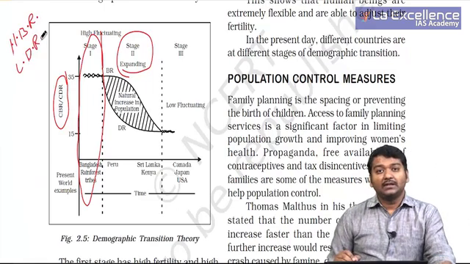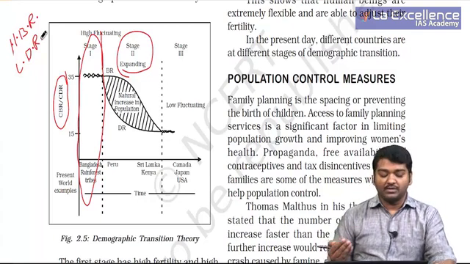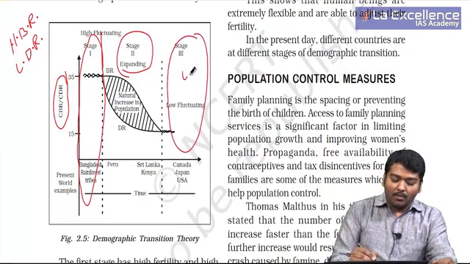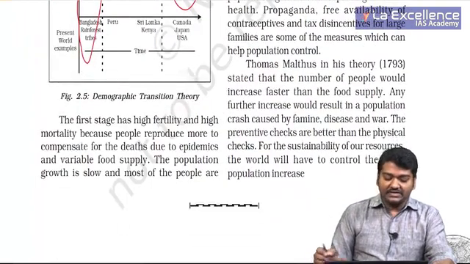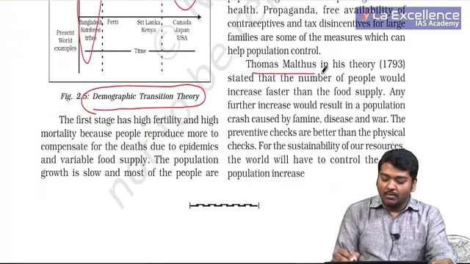Due to this, there will be population growth, and a population explosion also takes place. And finally, we will see a low birth rate and low death rate, that is, the population is declining. This is what we call the demographic transition theory, given by Thomas Malthus.